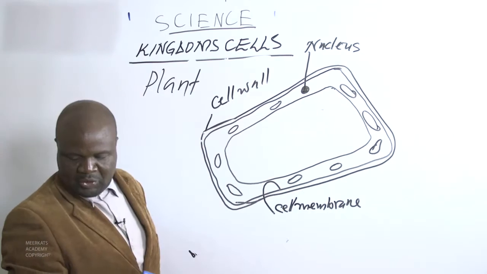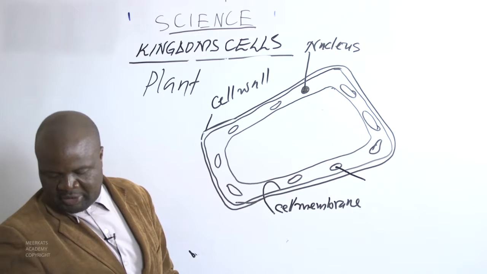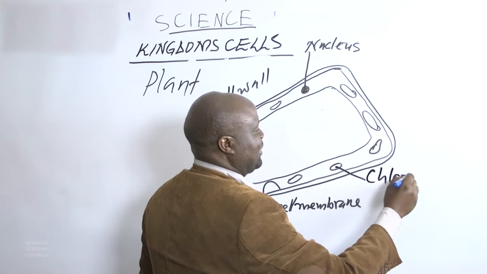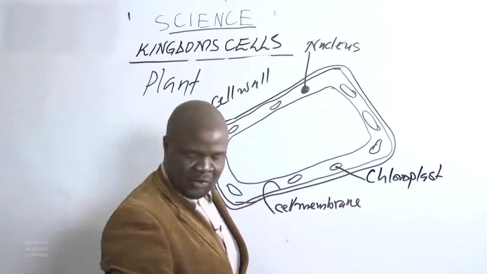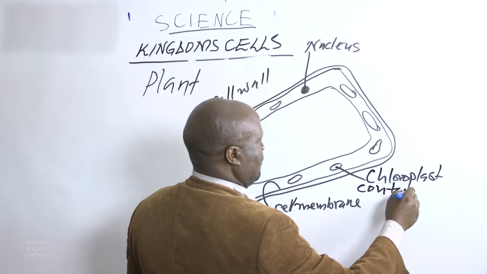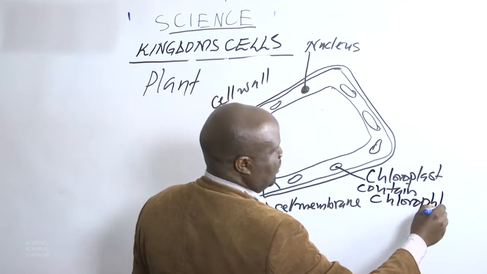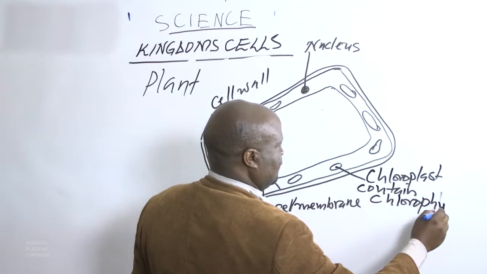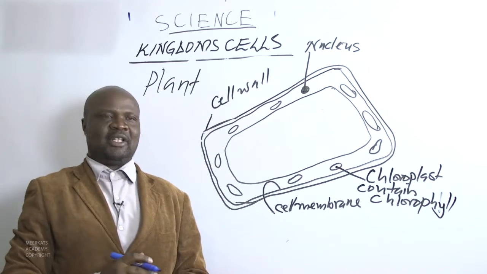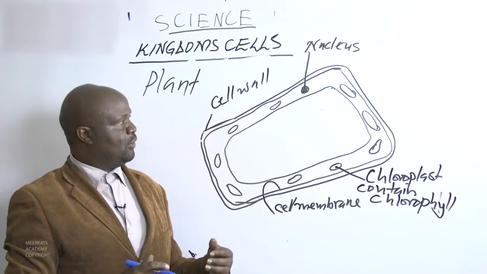And then what I've drawn here represents the chloroplasts. These chloroplasts contain chlorophyll, and we have said that the chlorophyll is the one that gives the green color to the plant.